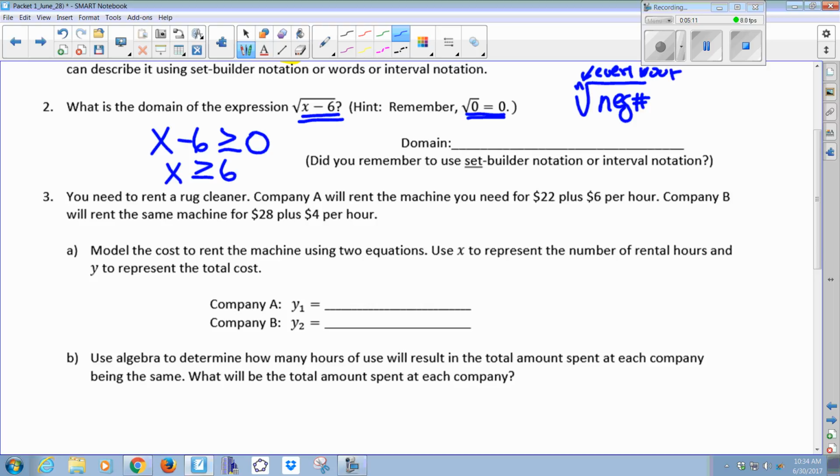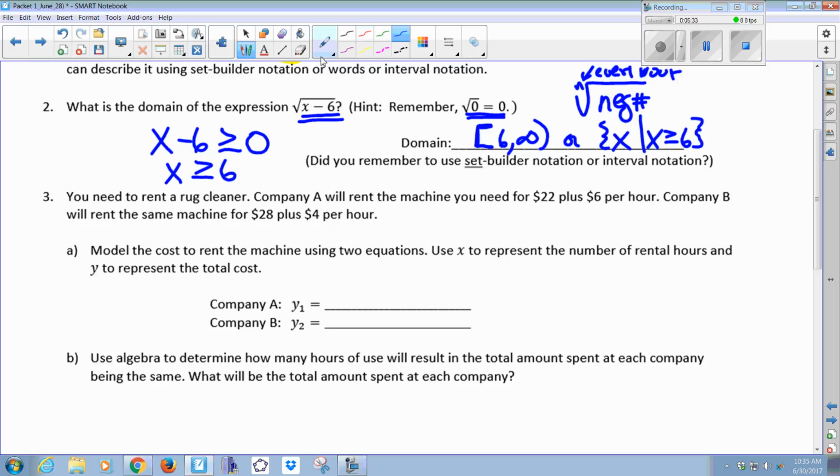So in interval notation, you would use a bracket with a 6, comma, infinity with a parenthesis. And in set builder notation, you would say it's the set, so you use those curly braces, of all x such that x is greater than or equal to 6, and then you end with curly braces.